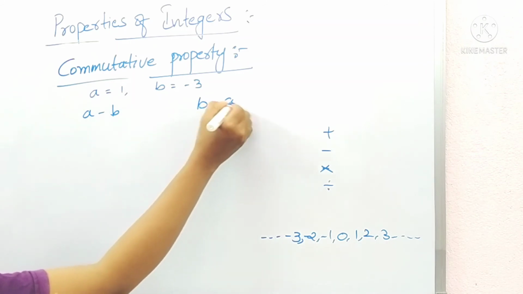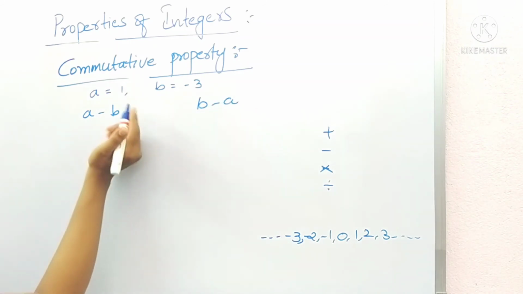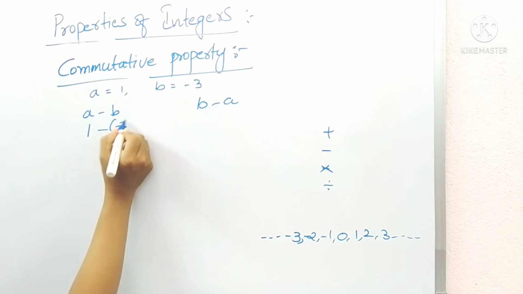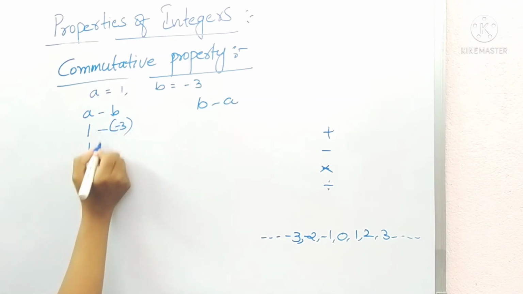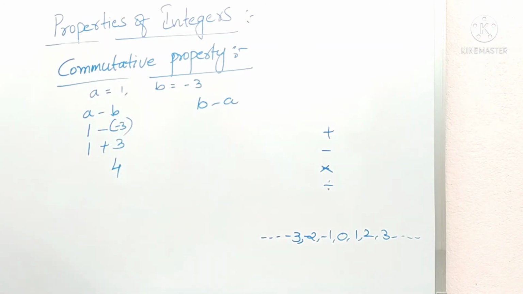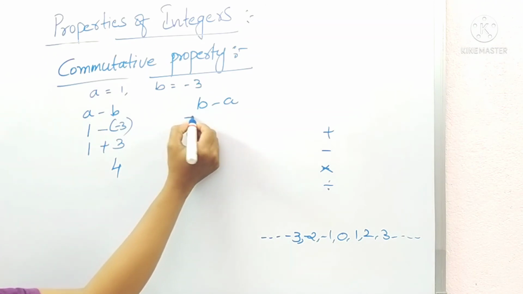So a minus b and b minus a we have to calculate. a minus b: a is 1, minus b is minus 3. So 1 minus into minus is plus 3, 1 plus 3 is 4, right?